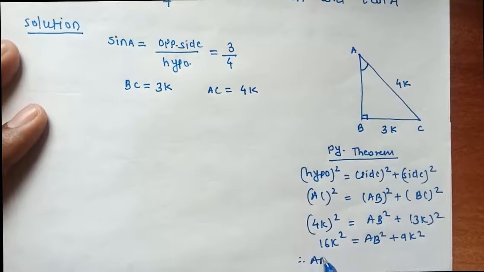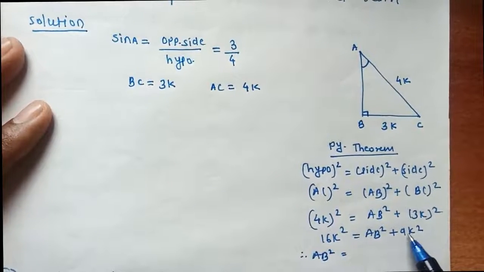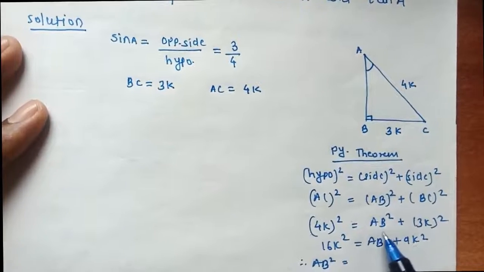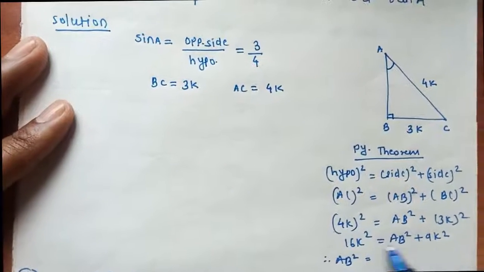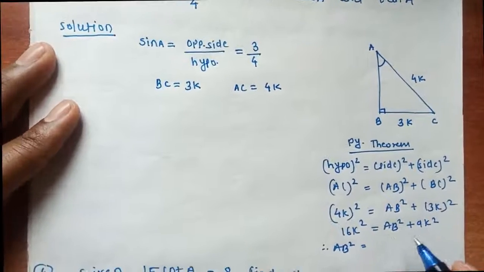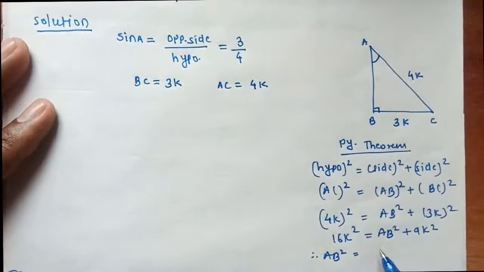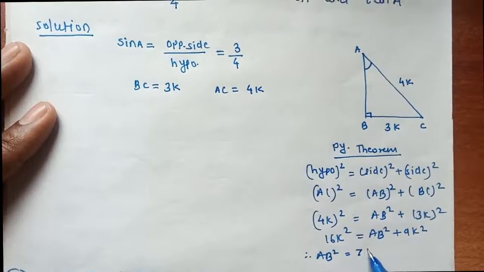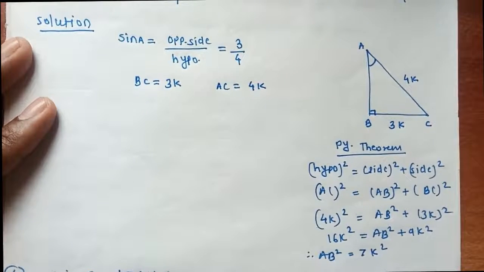Therefore AB square is equal to, I want AB square, so take the 9k square to this side, it is plus, it will become minus, so 16k square minus 9k square, it will come 7k square.